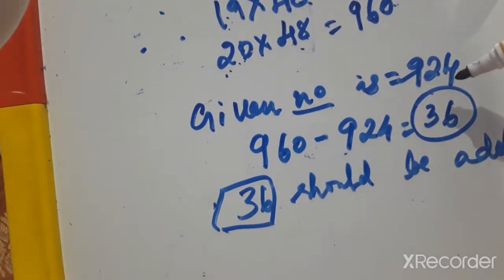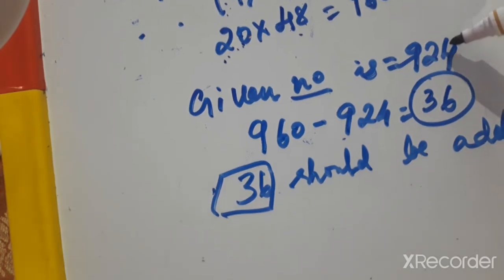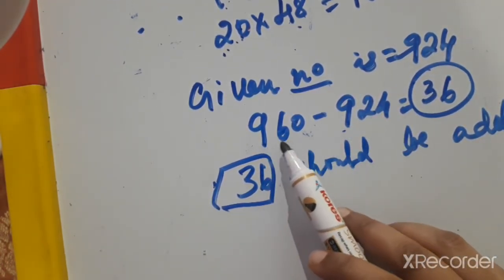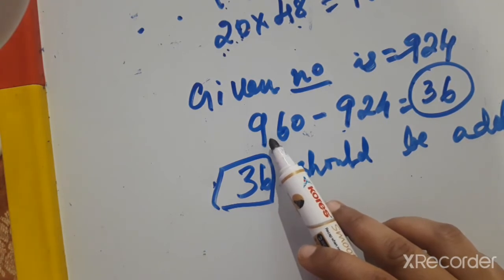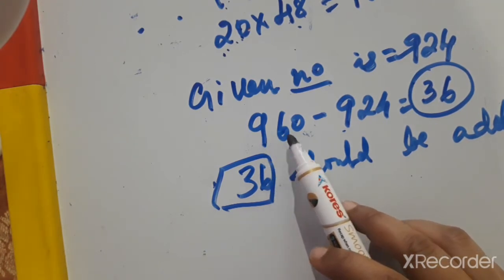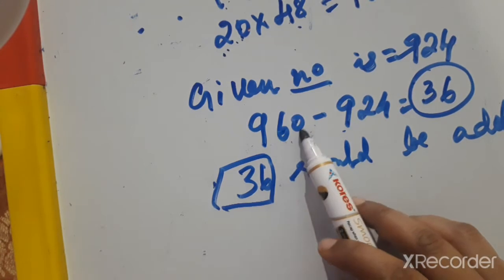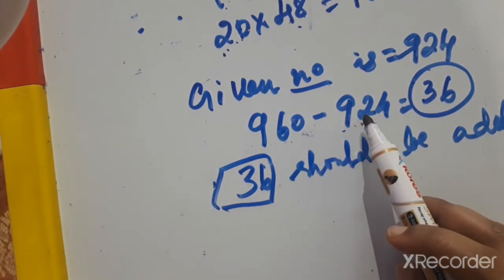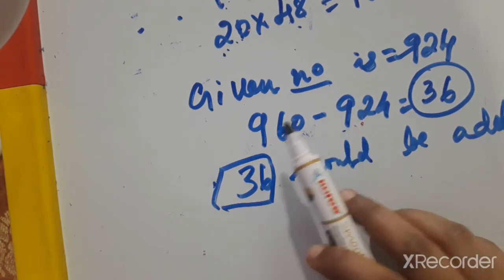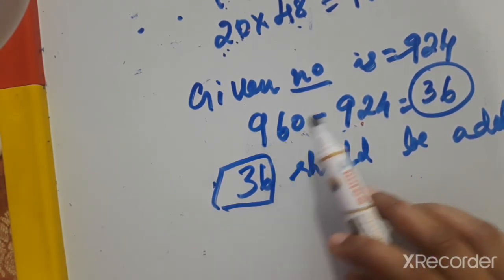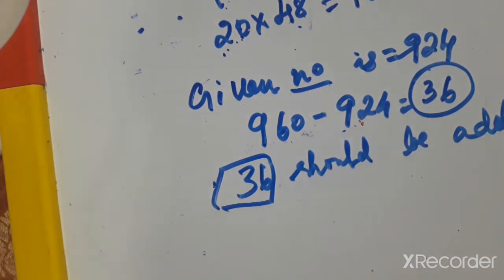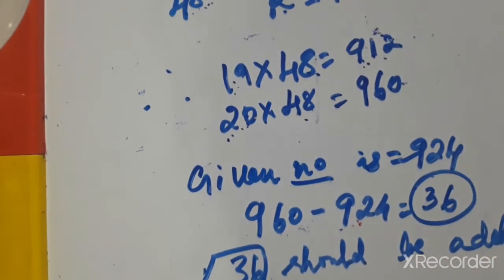So the given number is 924. Subtract the given number 924 from 960. 960 is exactly divisible by 48, but the given number is not, because we are getting a remainder of 12 here. So 960 minus the given number, 36 should be added.